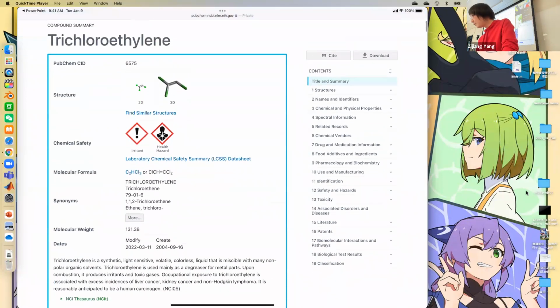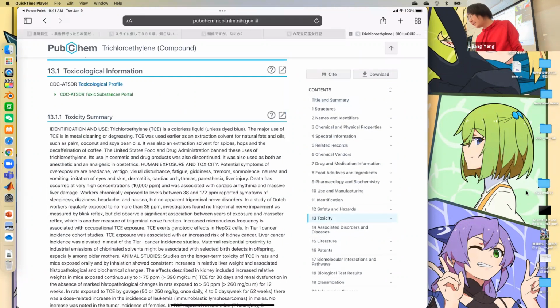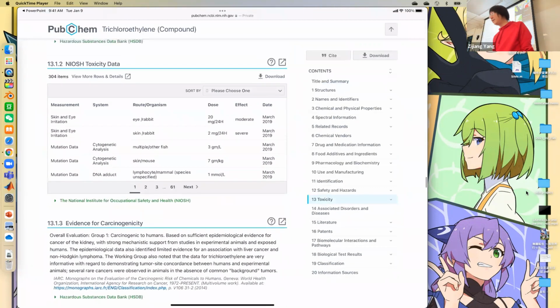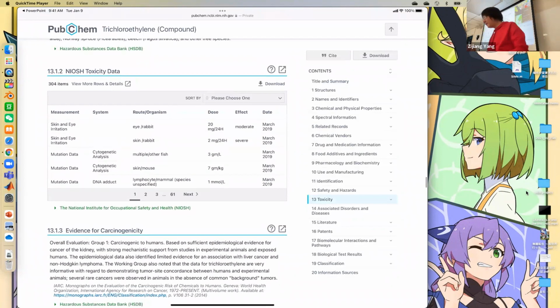We can see on the right side, the table of contents, like it has its general properties, and it also has the safety and hazards or toxicity. So we can find the toxicity information of this chemical, and we can see we have different values, but that doesn't matter.